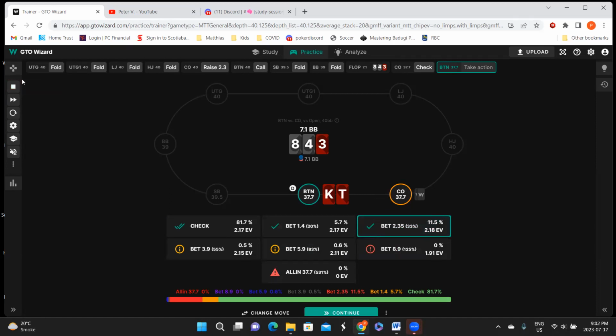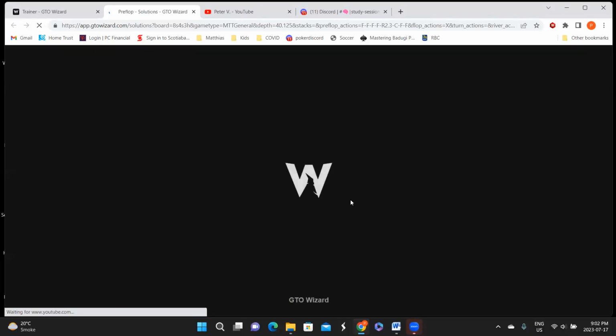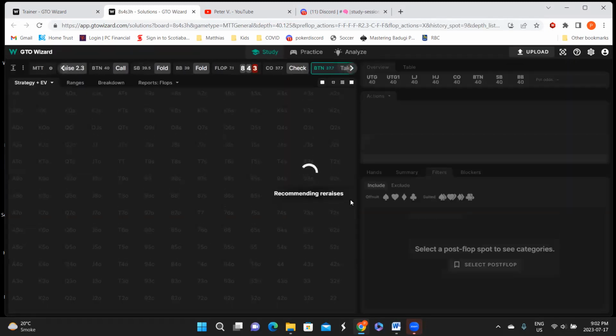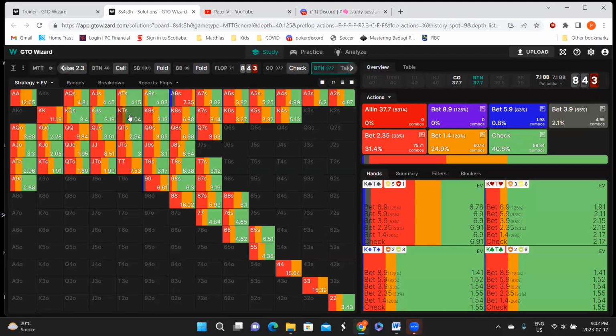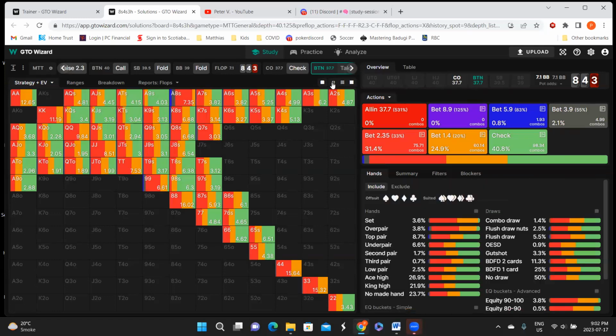And so now we'll take a look at some specificity as we study this spot and see if all of the backdoor hearts want to check here. Because we are betting a fair amount and we are betting small. Yeah, that's what I thought in particular. King 10 of hearts did not want to bet so much. So let's take a look at hearts. Where is our love?